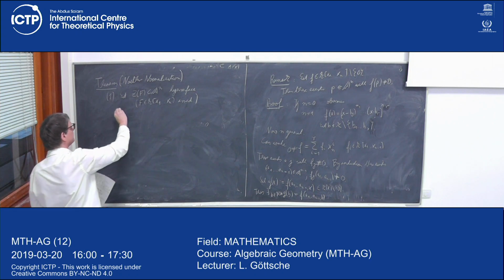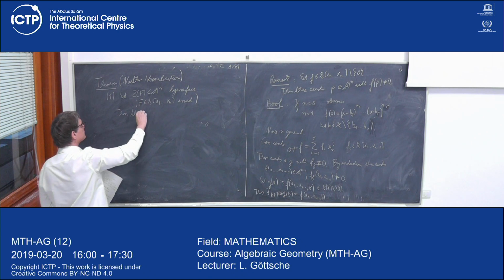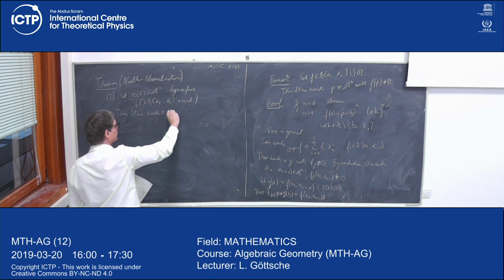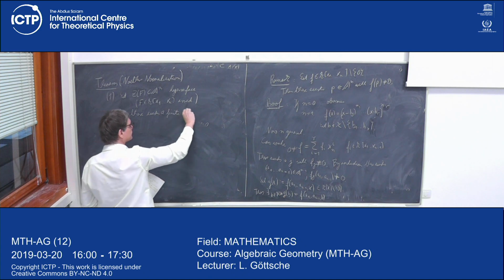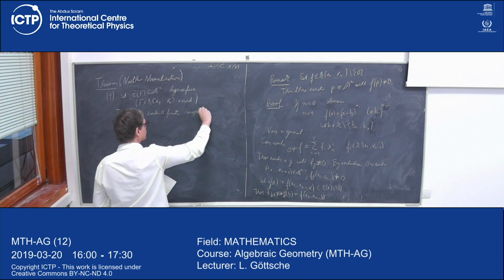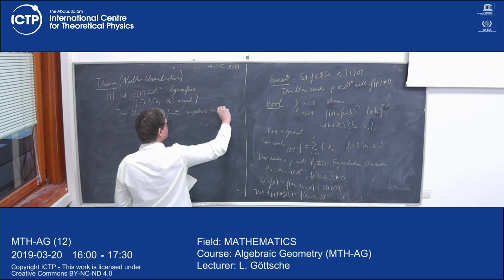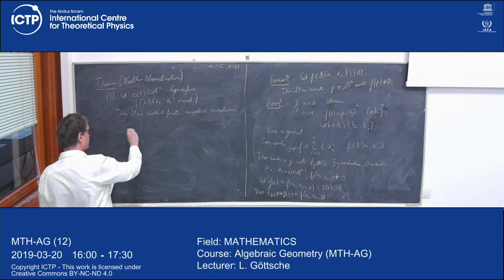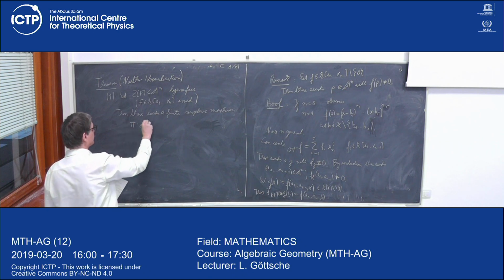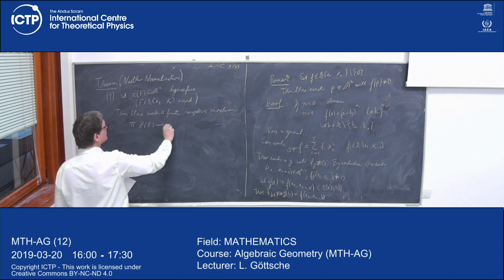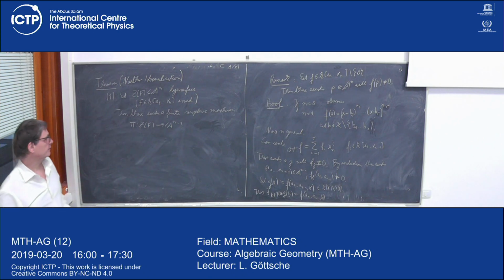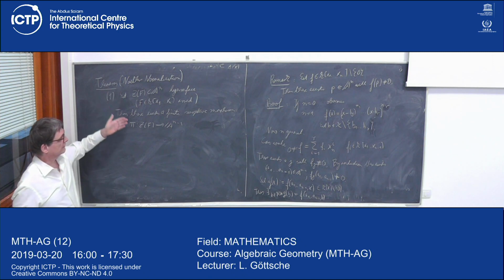Then there exists a finite surjective morphism phi from the zero set of f to A^{n-1}. Okay? So this is a very special case of what we want.